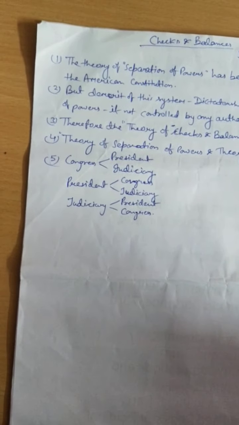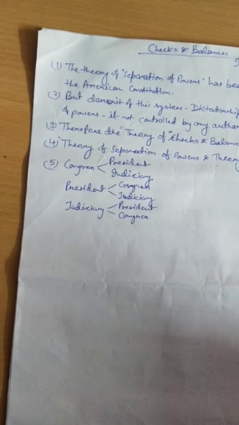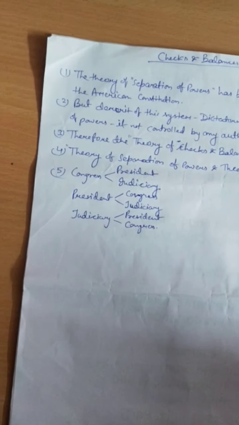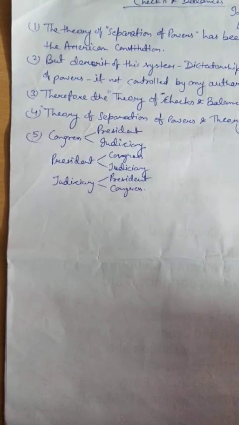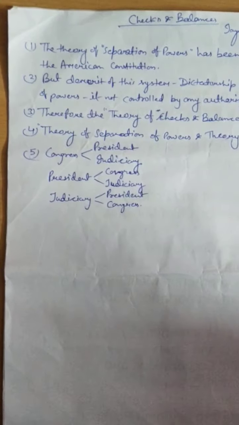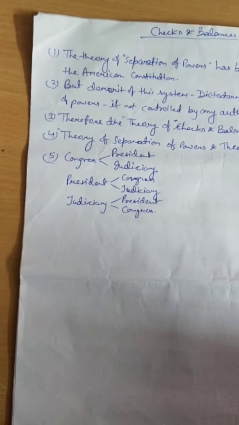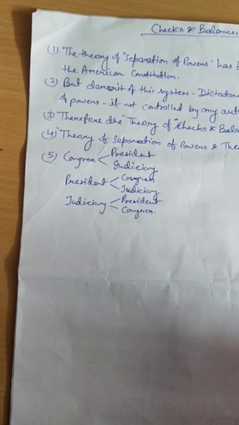The president controls the Congress as he or she has the veto power in America, and the judiciary is also controlled by the president through the appointment of judges and so on. And the judiciary controls both the president and the Congress, as the judiciary has the power of judicial review.